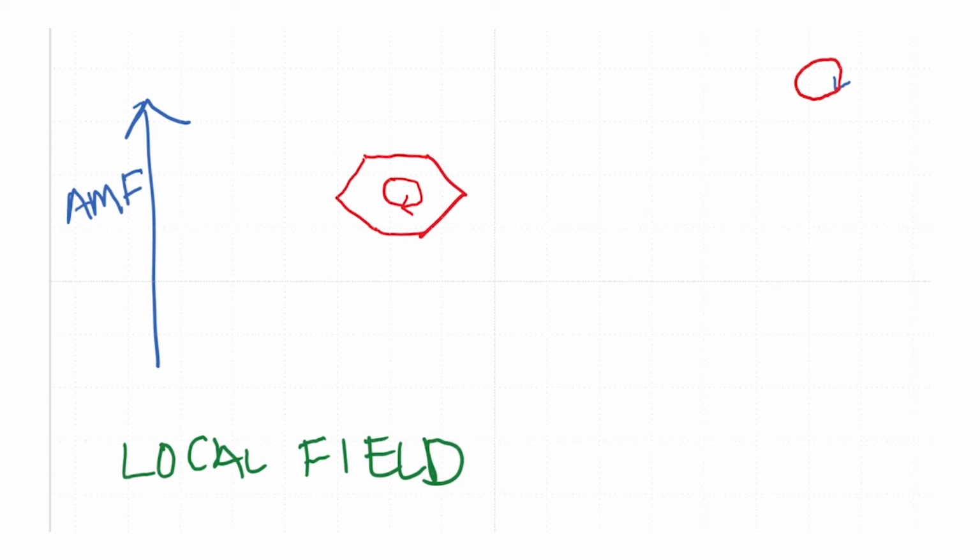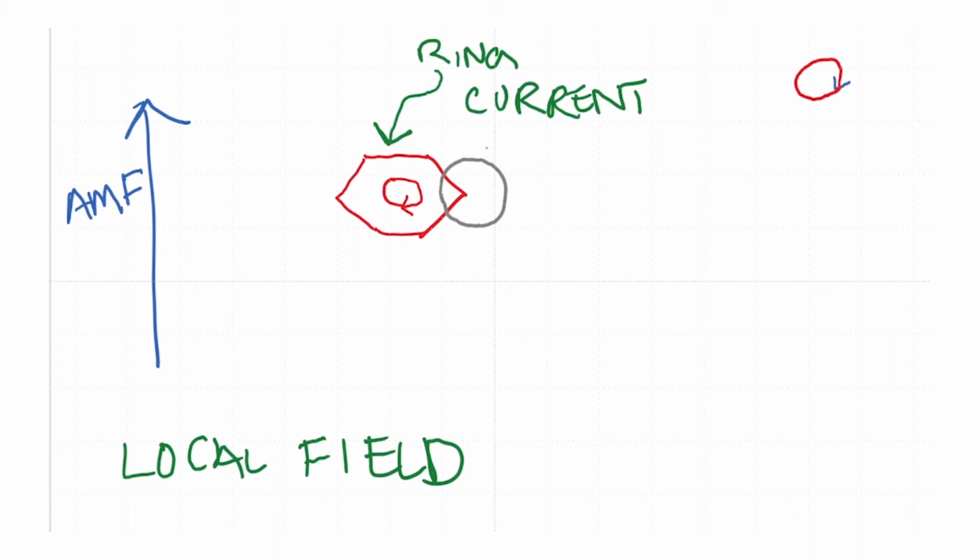I'm not drawing out the hydrogens here, but it's obvious that there is a hydrogen. This local field is called the ring current. As the name suggests, it's a current that is produced in the aromatic ring, and this ring current leads to a very peculiar situation where you have a local field.